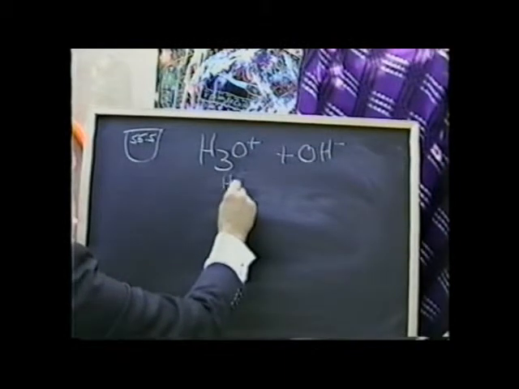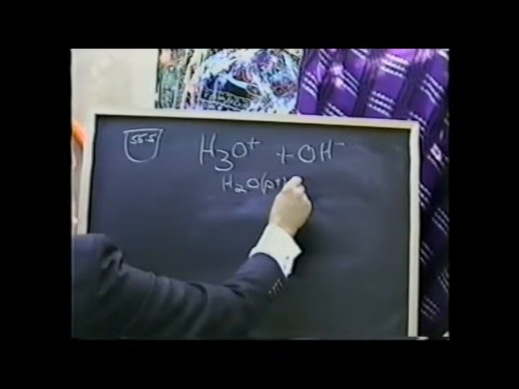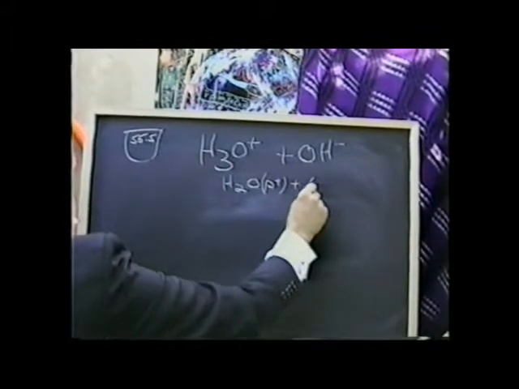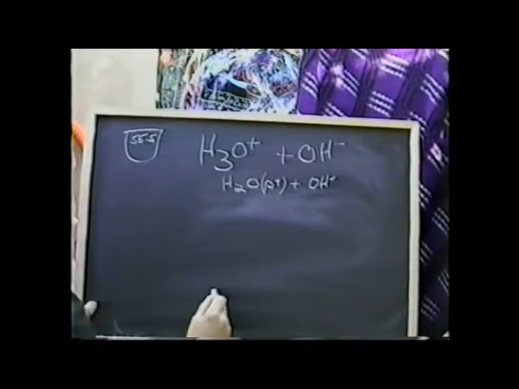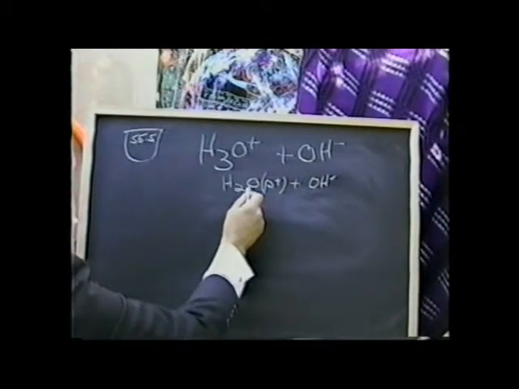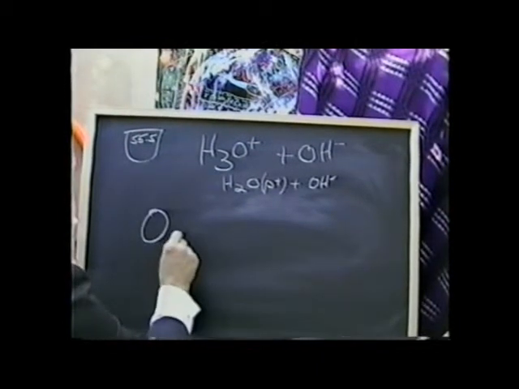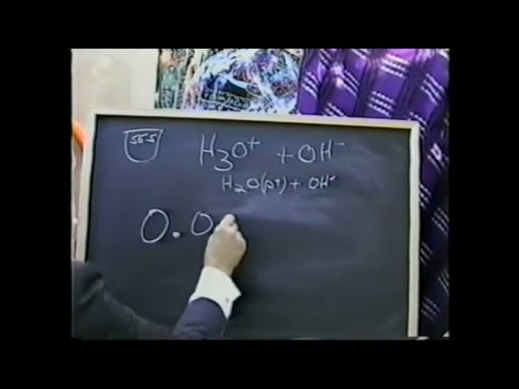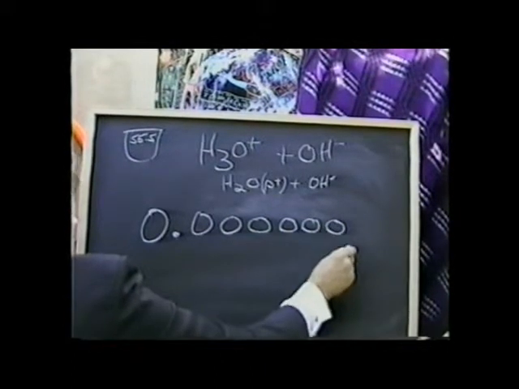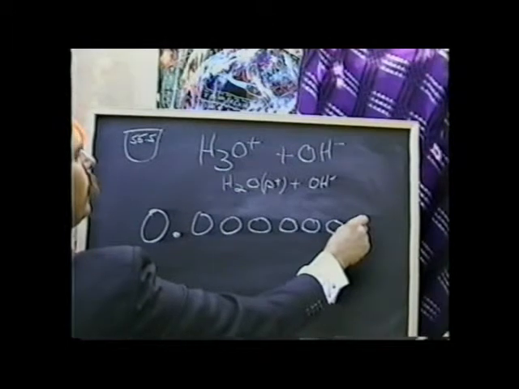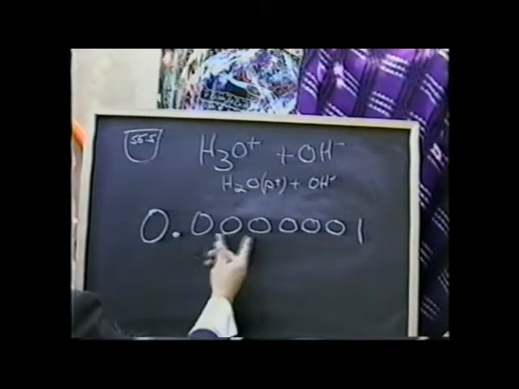This is H2O with a proton, and this is H2O minus the proton. Out of 55.5 moles, there are, at any given moment, at room temperature, this percentage of a mole.